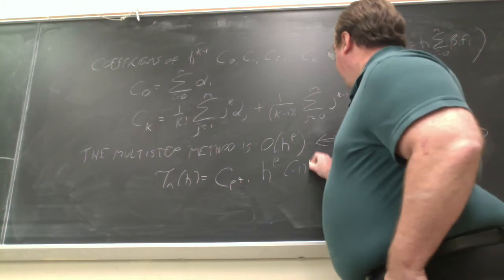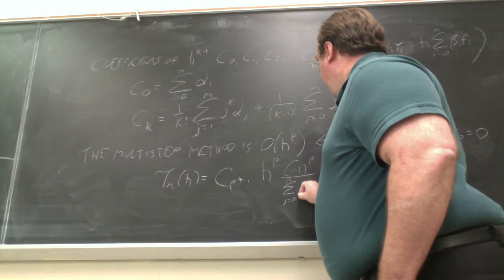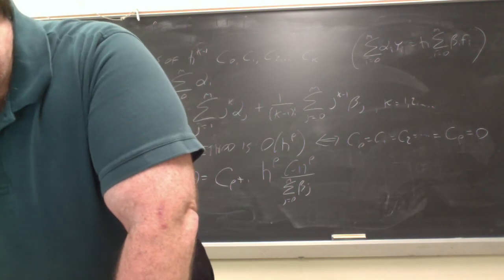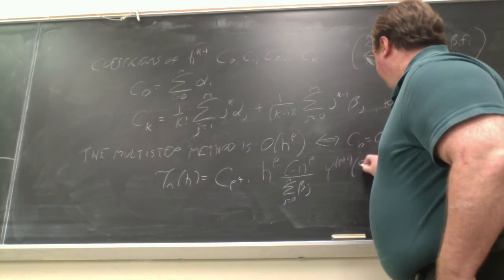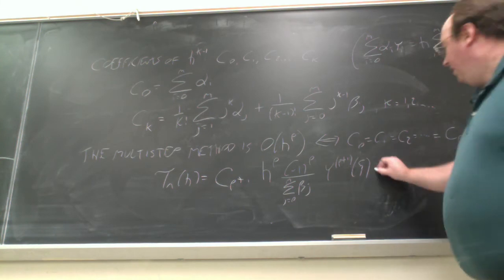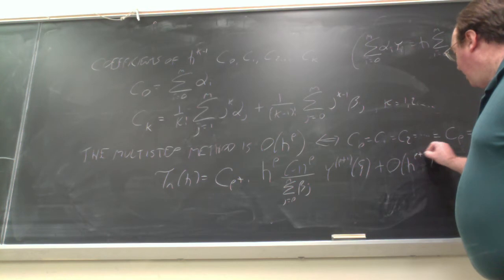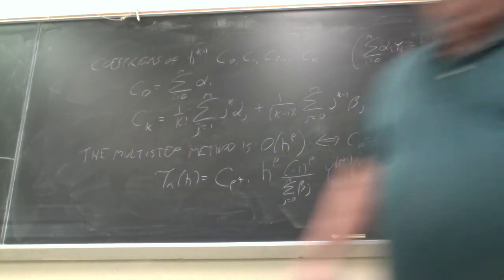Say minus 1 to the p times the sum of all the betas, which for many methods is 1, but not necessarily. So I have to include it. And then there's also the p plus first derivative of the solution at some unknown point. And then there may be other terms that are of a higher power in h, but we don't really care about those so much.